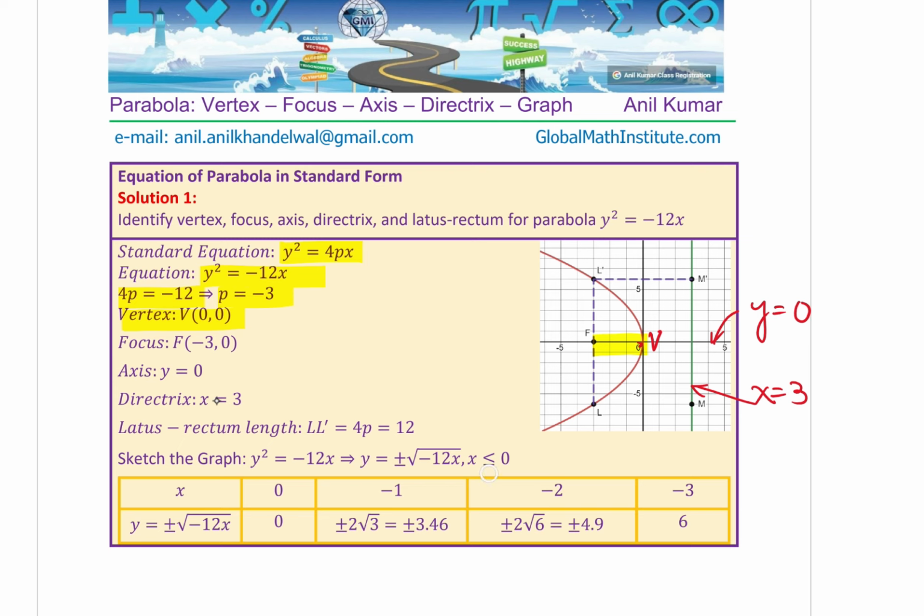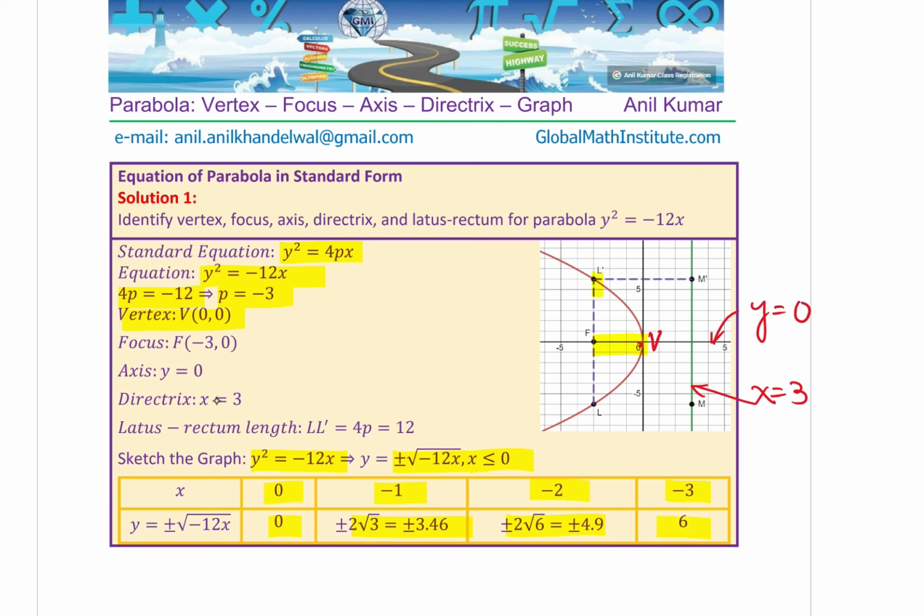Now to sketch the parabola, what we need? We need to find some values of y from the values of x. So if I do square root with plus and minus values, x has to be less than or equal to 0. Substituting few values of x, we can actually calculate the value for y.